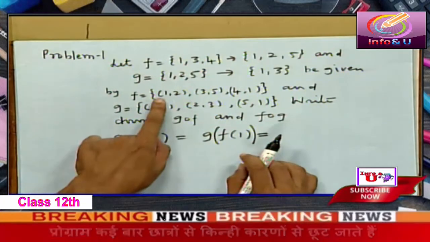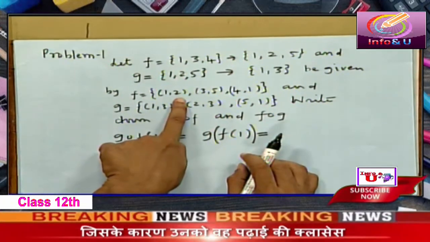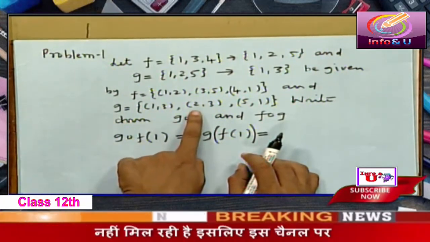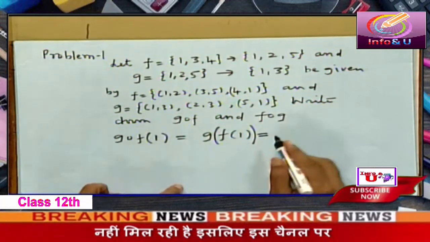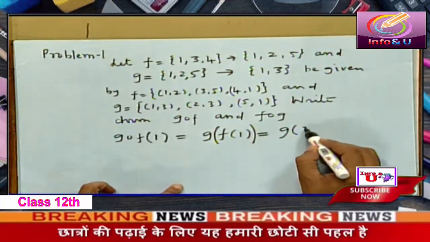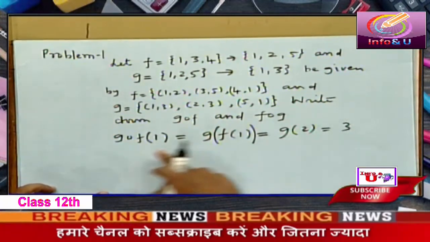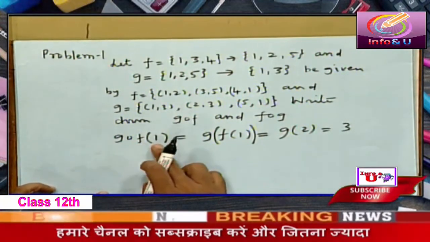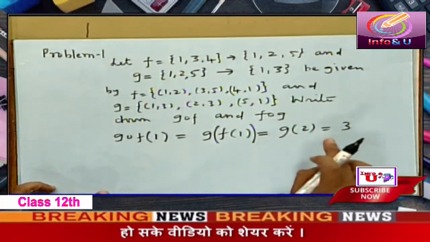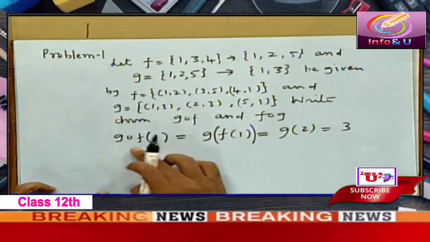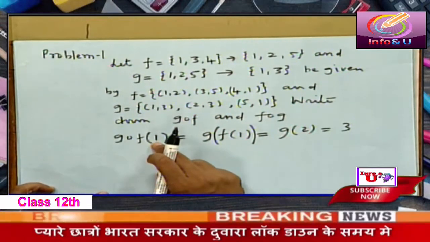Now f of 1 is 2, and if you take 2 here, G of 2 is 3. So it is G of 2, and that is 3. This means GOF of 1 is 3. That is, under the function GOF, the image of 1 is 3.